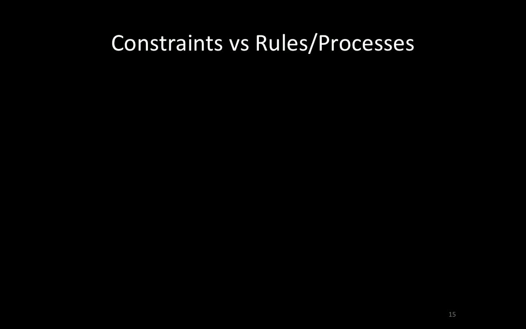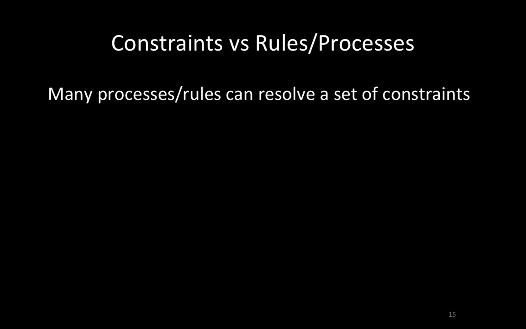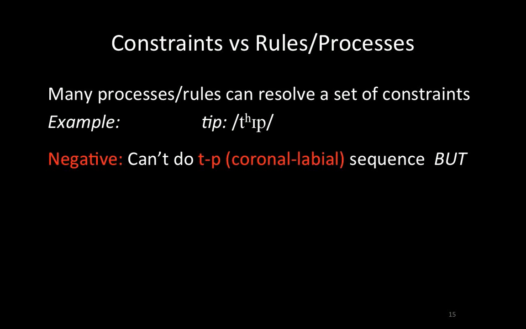What does that mean in terms of what we used to think about phonology, in terms of rules or processes? Well, it turns out, if we think about it, many rules or processes can resolve one set of constraints. For example, the adult target might be tip, but the child or the other adult can't do t followed by p.